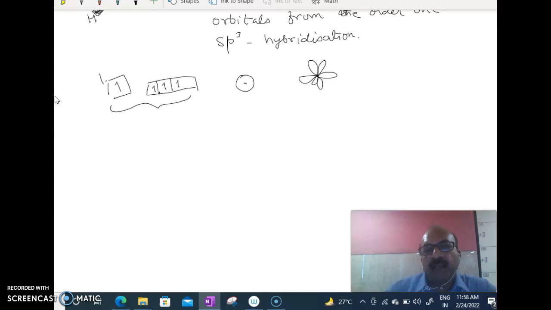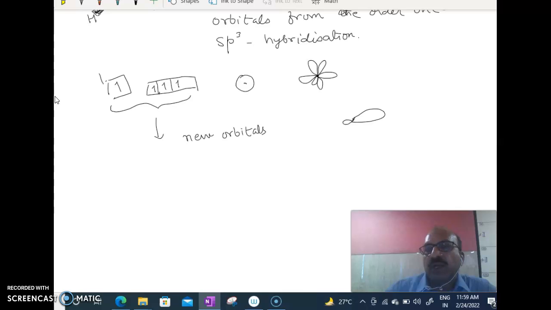When we combine them and recreate new orbitals, the new orbitals that we create all have the shape of a large lobe and a small lobe, because it has some of the s character and some of the p character. So the new orbitals are all of this shape, right?